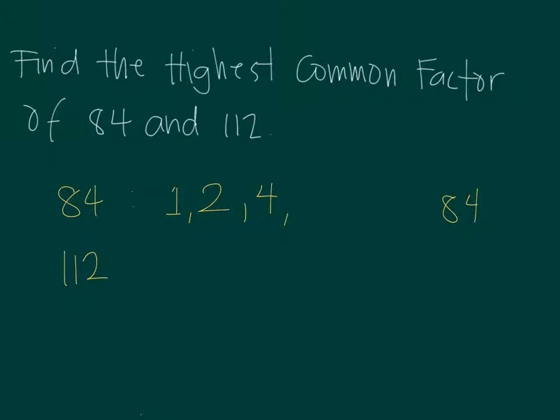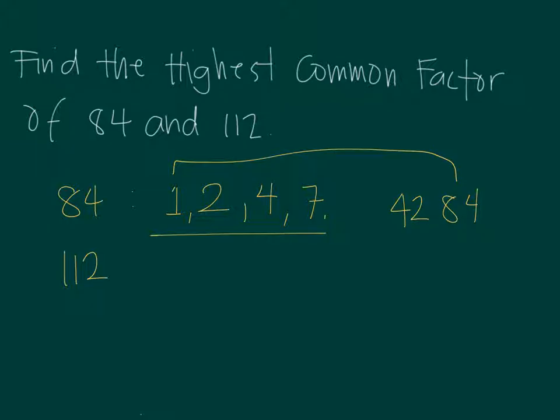Is 7 a factor? Yes, 7. Once you have some numbers, you think of the number you multiply to 1 to make it 84. So that means 1 and 84. What about 2? 42.